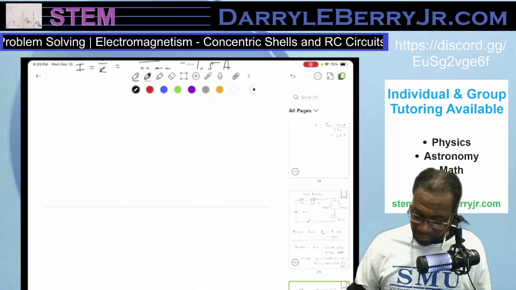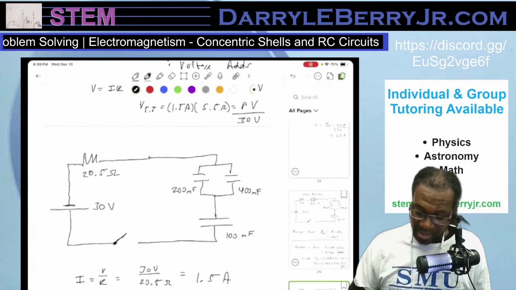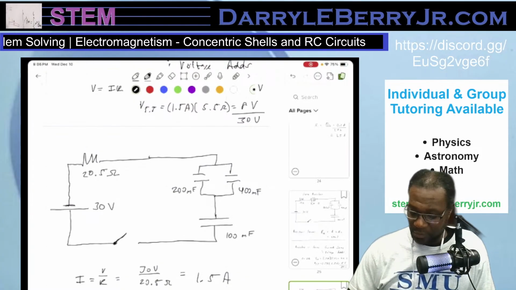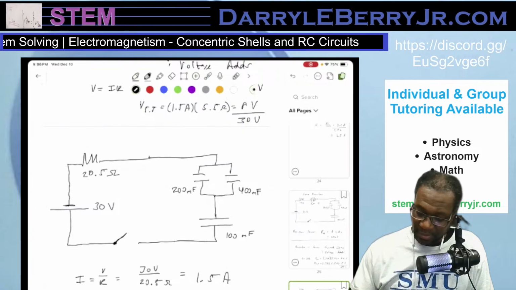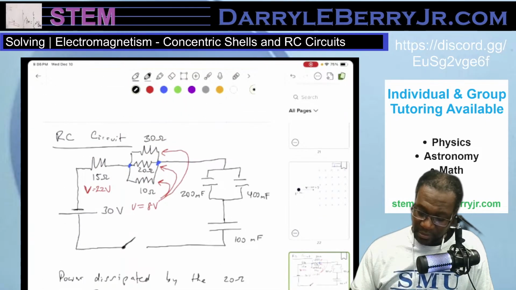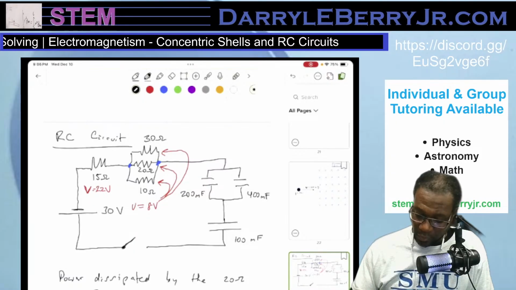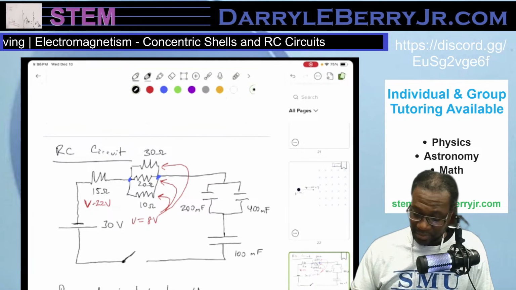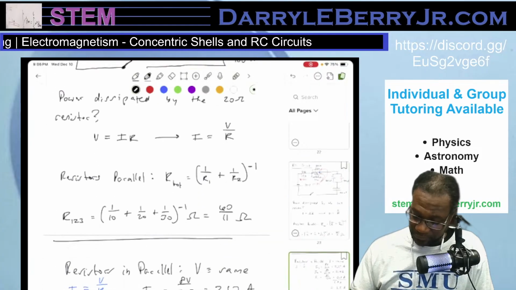Like we saw earlier when we reduced this down to one resistor, we found that 1.5 amps is going through this entire circuit. And since the voltage is the same across each of the resistors in parallel, the current has to be different to make the voltage the same, given the resistors are different.